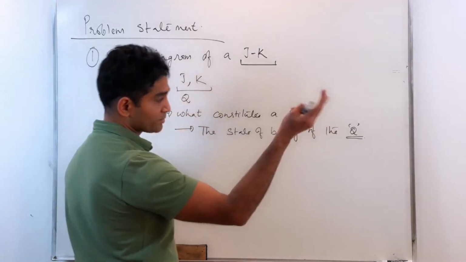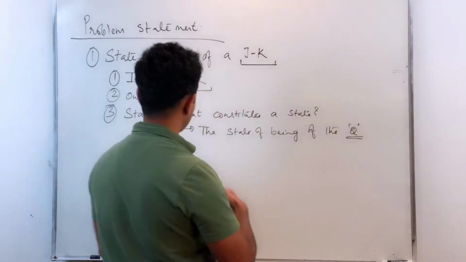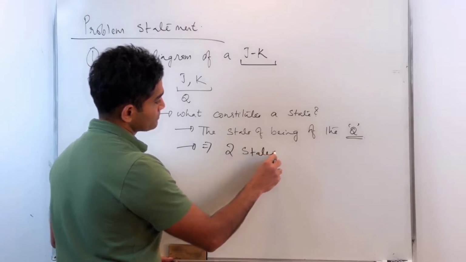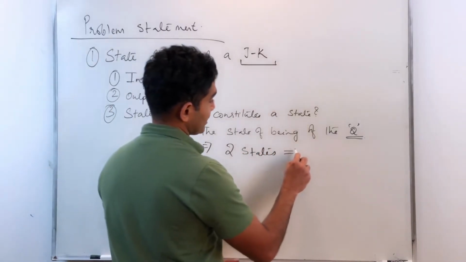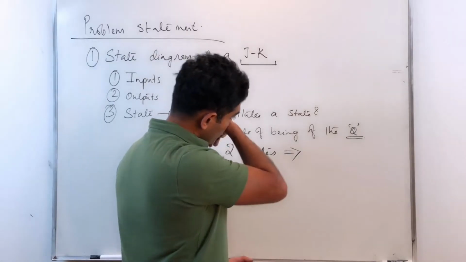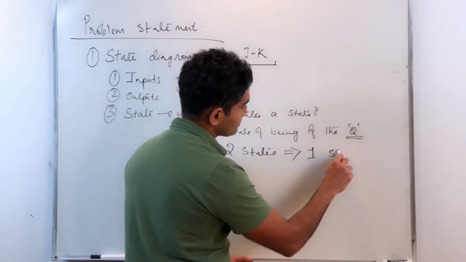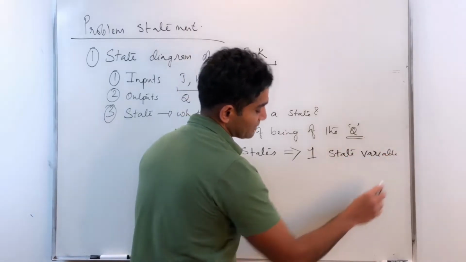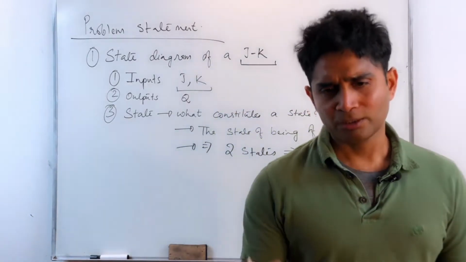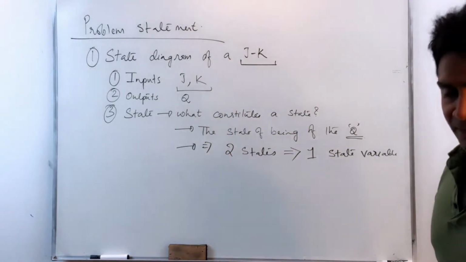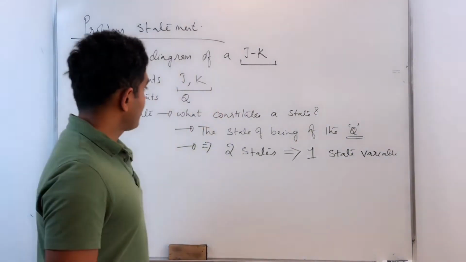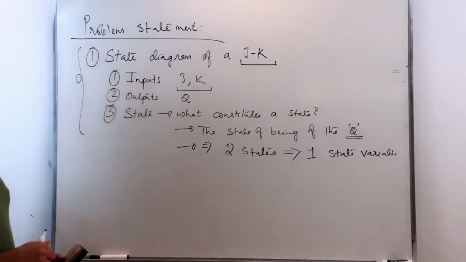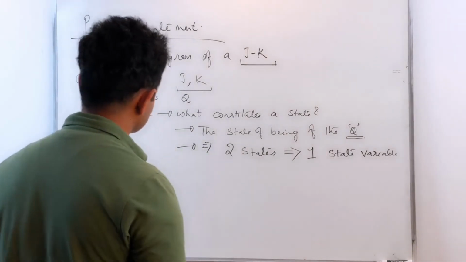I have two states, because Q can be 1 or 0, that this machine can exist in. This implies I have one state variable, right? Because each state has to be encoded with a unique binary code. Two states, I can encode it with 0 and 1. So I've done the first three steps, and now I would like to draw the state diagram for this.